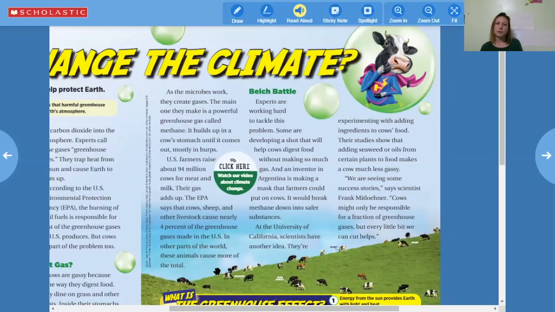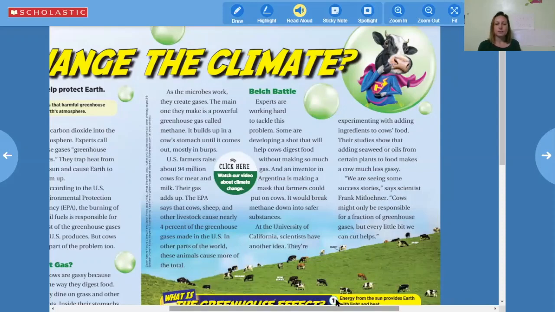They're experimenting with adding ingredients to cows' food. Their studies show that adding seaweed or oils from certain plants to food makes a cow much less gassy. We are seeing some success stories, says scientist Frank Mitloehner. Cows might only be responsible for a fraction of greenhouse gases, but every little bit we can cut helps.